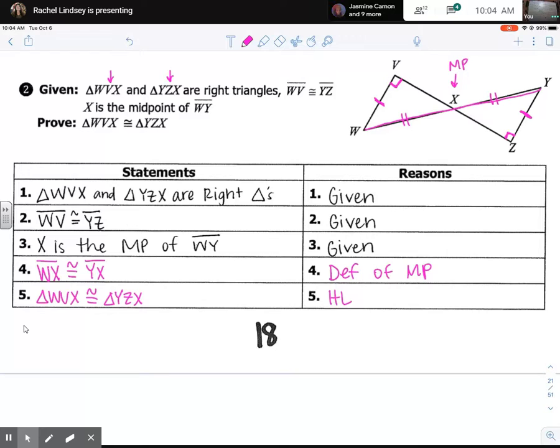So, if I just gave you that proof the way it was, and there was nothing else, and didn't tell you a specific way to prove it, you could have proved it by a different method. You do not have to write this, I'm just gonna write it. So if we mark everything that's given, we know that that side's congruent to that one.